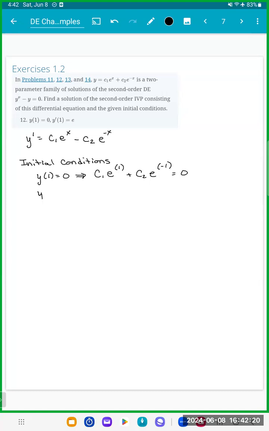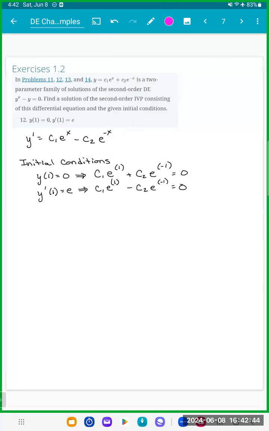When we plug it into our derivative, remember our initial condition here is that our derivative evaluated at 1 is equal to e. So when we plug that in, we get c1 e to the 1 minus c2 e to the -1 is equal to e.